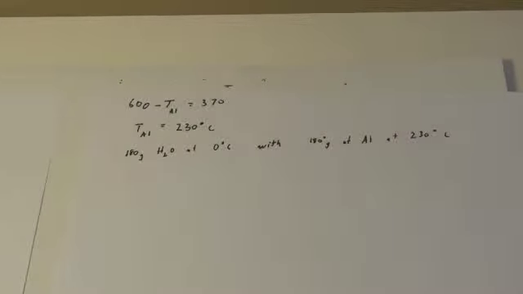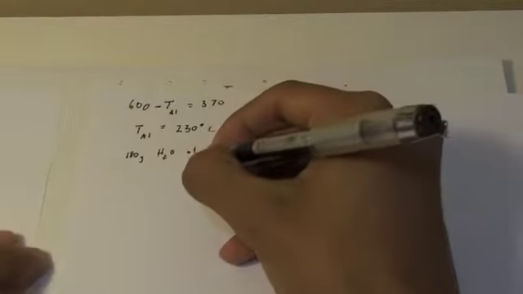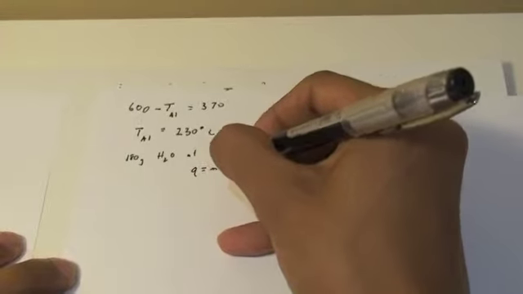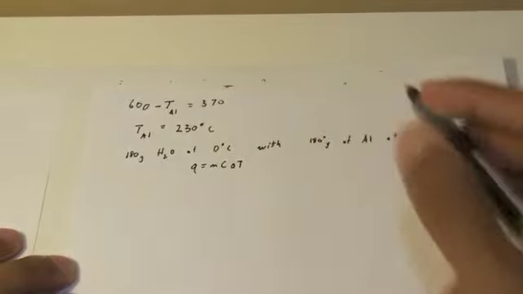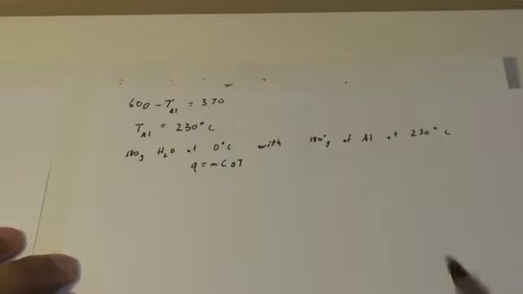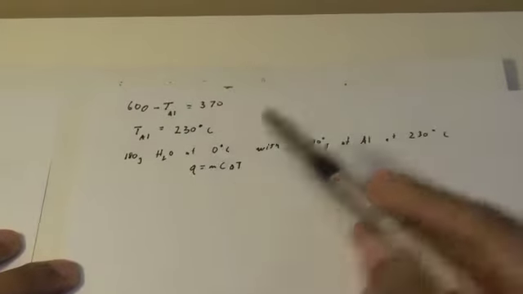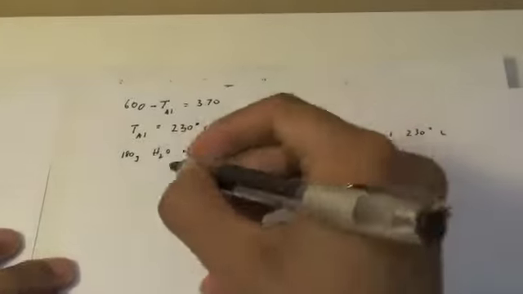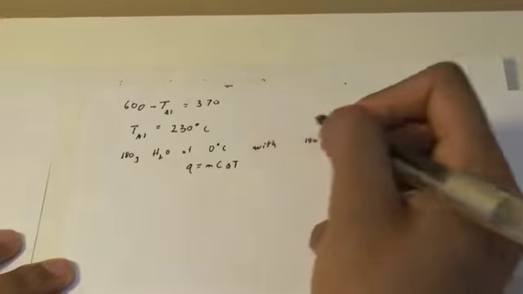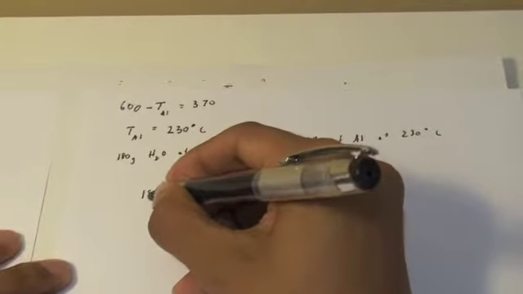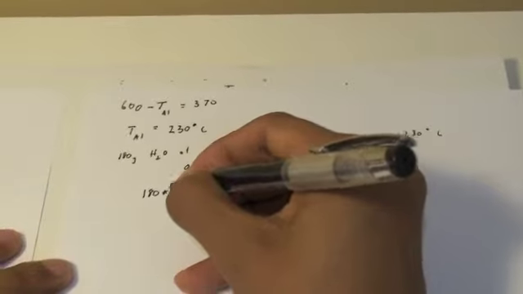So they're not going to change states anymore, so we're going to have to use that first equation, Q equals mc delta T. Now as they both reach an equilibrium temperature, the aluminum loses energy while the water gains energy. So what we can do is look at what happens on the aluminum side.